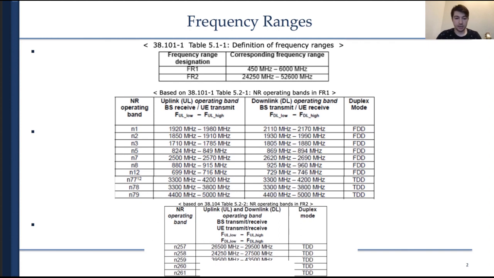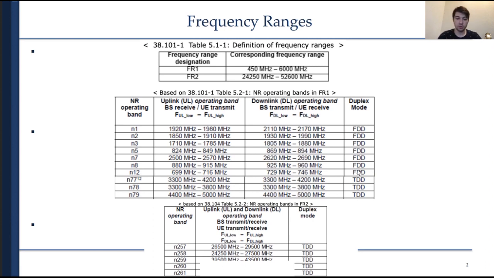And the second page is again NR operating bands, but for frequency range 2, or the millimeter wave range. And we can see the bands that are commonly defined here. One thing that I want to bring your attention to is that in lower frequencies, the duplex mode that we are using is FDD, which is similar to LTE.